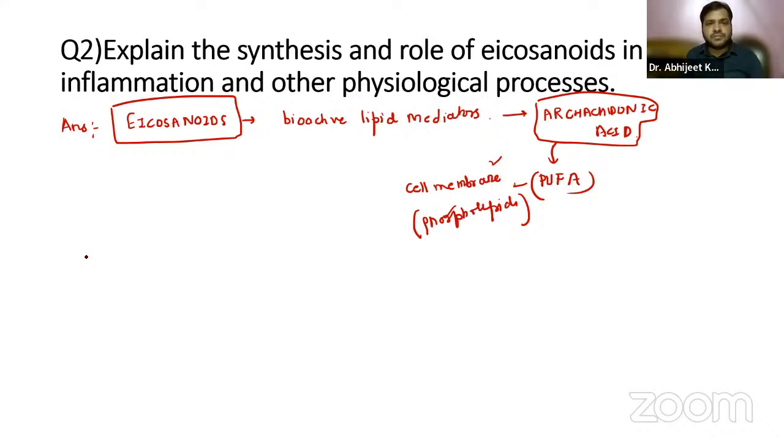Now, if we talk about the synthesis, guys, I have already told you it is derived from arachidonic acid.